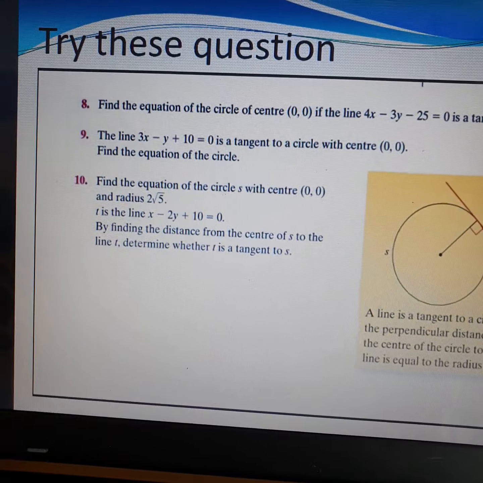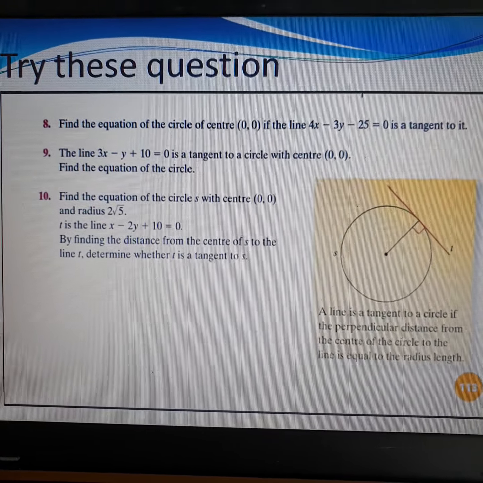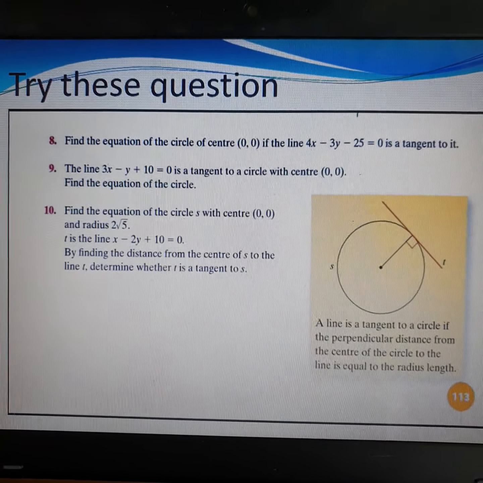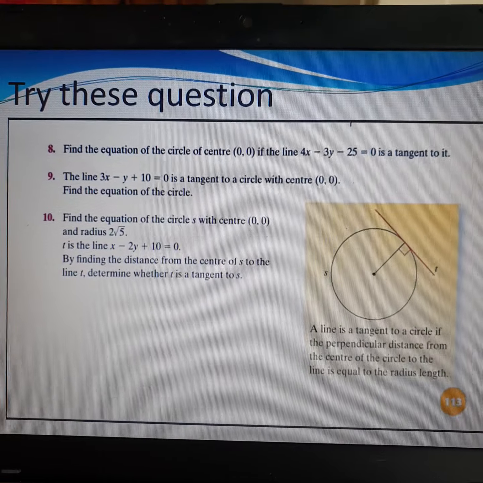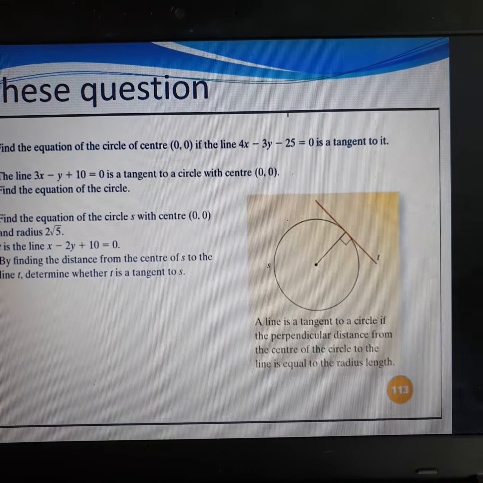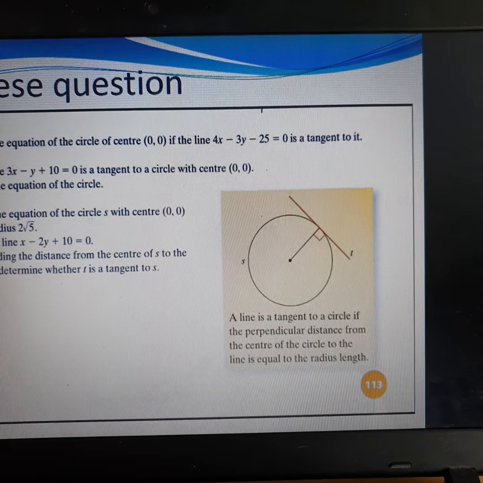Right, so this is kind of getting you to confirm whether the perpendicular distance from the centre to that line is equal to the radius length. If it's not equal to the radius length, then it's not touching the circle. Because as you can see over here, a line is a tangent to a circle if the perpendicular distance from the centre of the circle to the line is equal to the radius length.